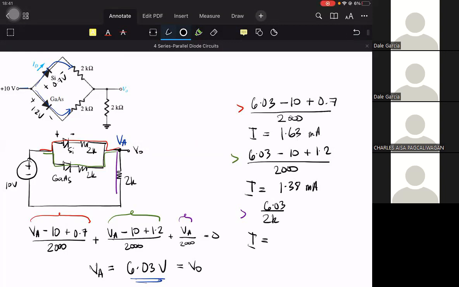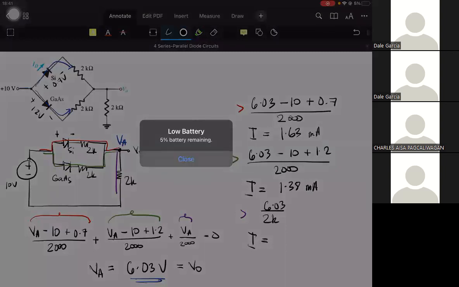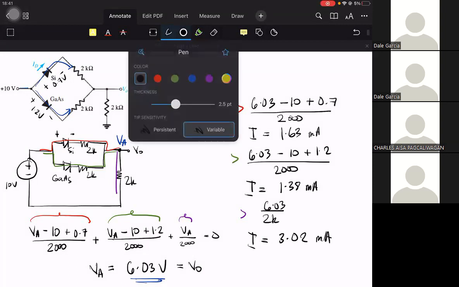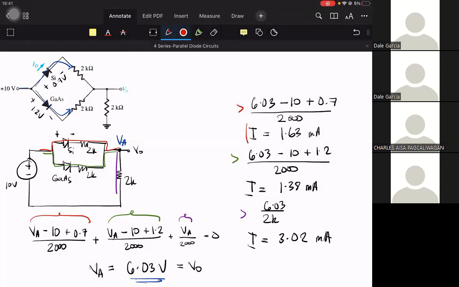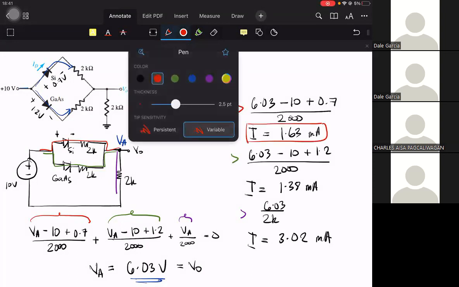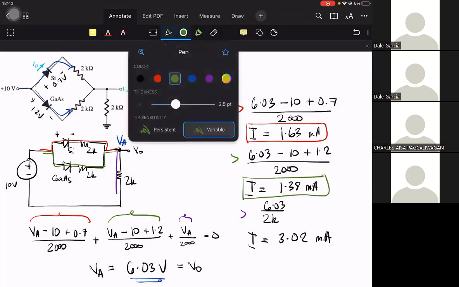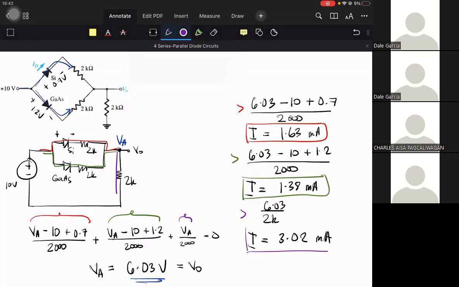So 6.03 divided by 2,000 is 3.01 or 3.02 milliamperes. Mga answers, voltage and current. Okay.